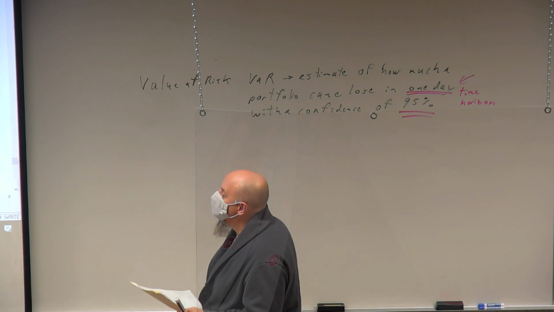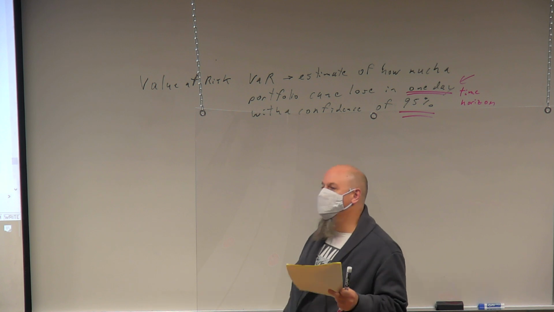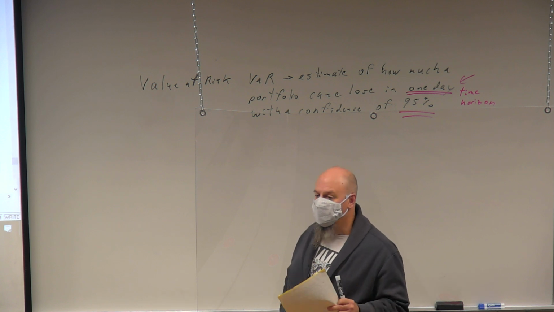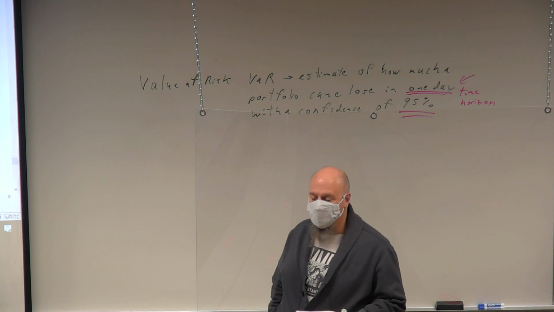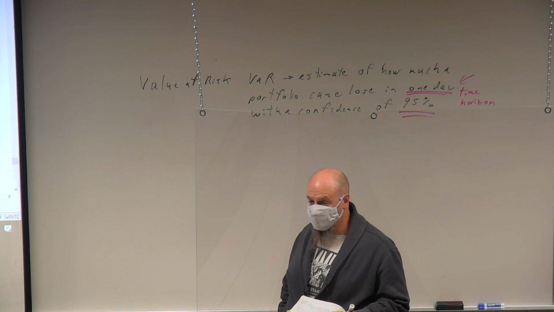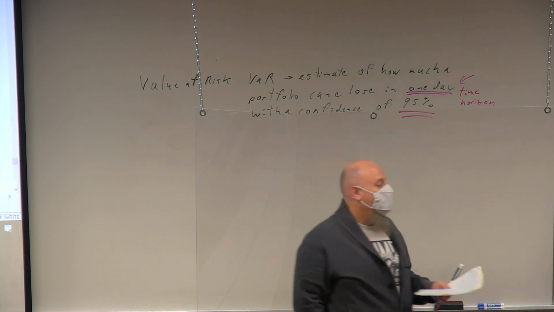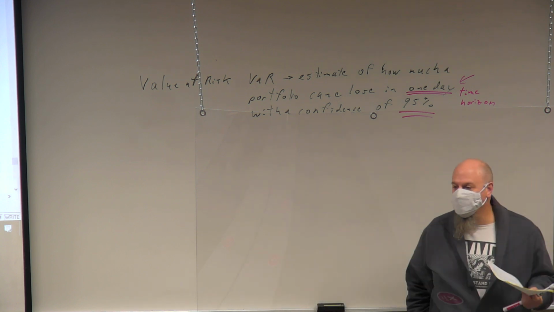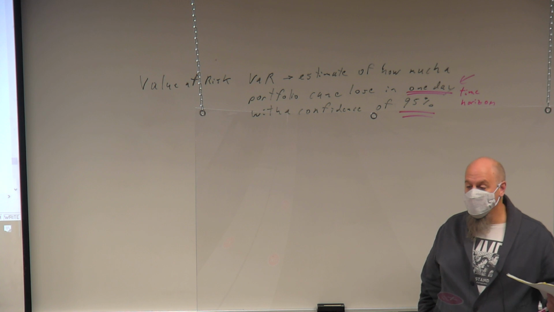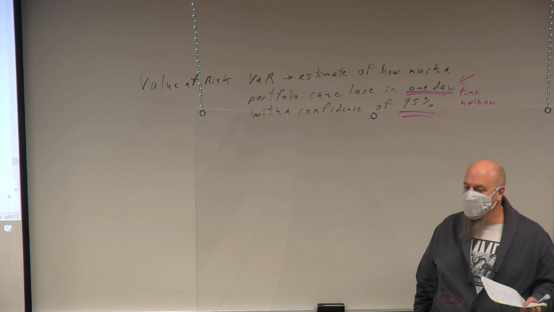So you can say things like, I'm 95% sure that this portfolio won't lose more than $400 next week or in a week. That's the kind of statement that you get to make. So it's totally not a promise. It's an estimate. In fact, if you're 95% sure that you're not going to lose more than this amount of money, and it shows up, 5% of the time that's going to happen.